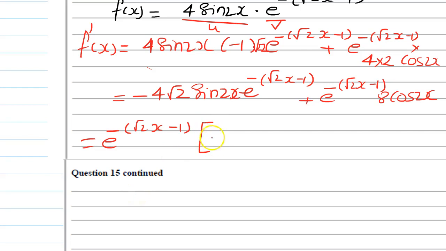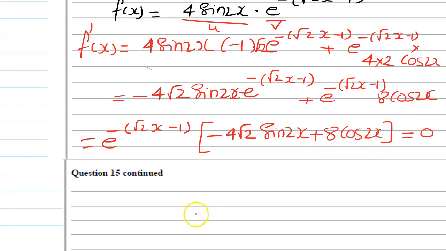So let's take e to the power minus root 2 x minus 1 outside. We are left with minus 4 root 2 sin 2x plus 8 cos 2x, and that should be equal to 0.